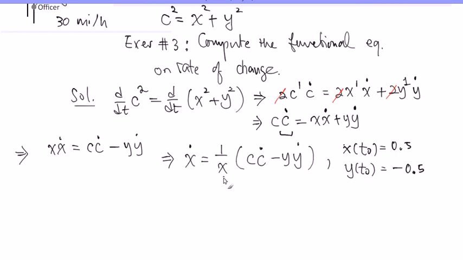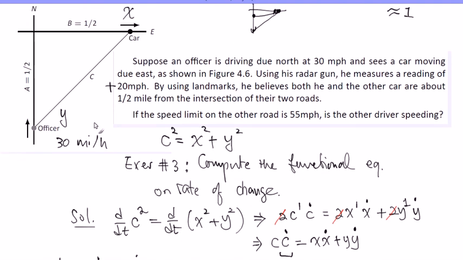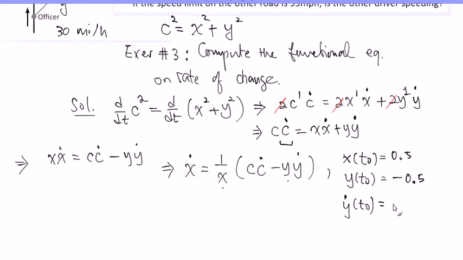So we have that one, and we have y, and we have y dot there. So what is y dot? How fast the police officer is moving, right? Is that positive or negative? Positive is going up. It is a positive 30, that's the magnitude.